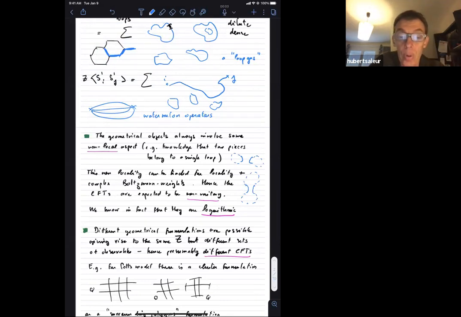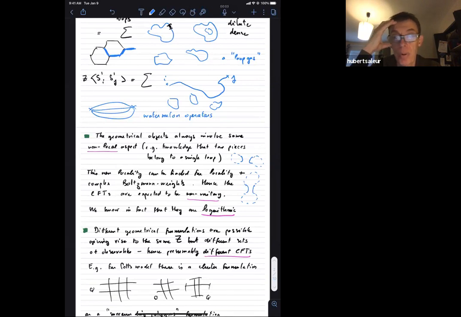So at the very beginning of the story, there was even the fear that maybe these models were not conformally invariant. And in fact, there exist some geometrical models that are not conformally invariant, even though they are scale invariant.